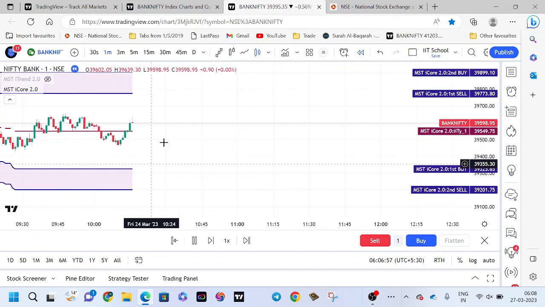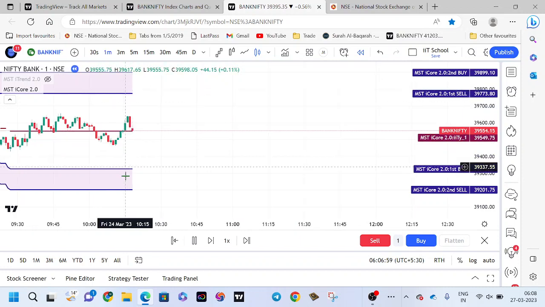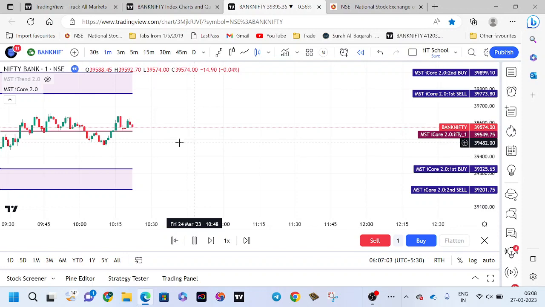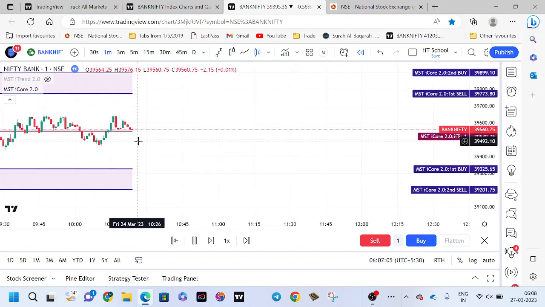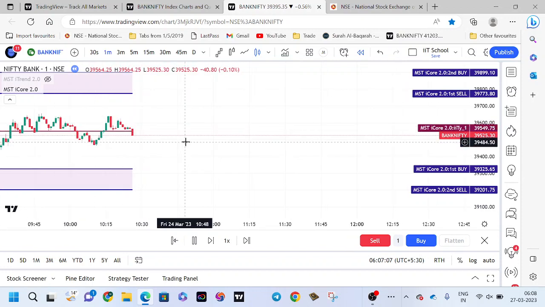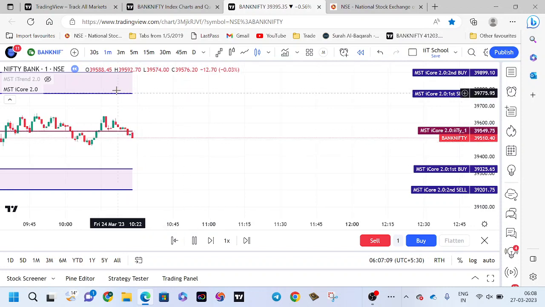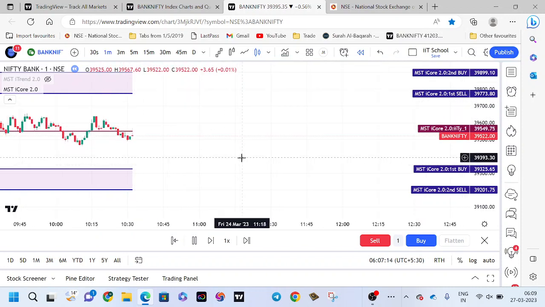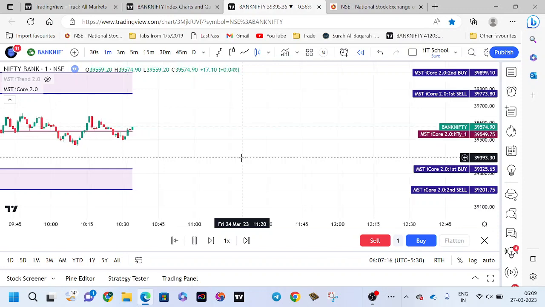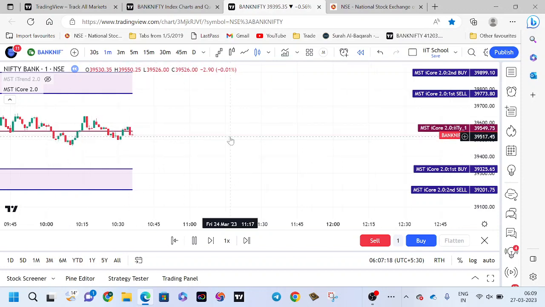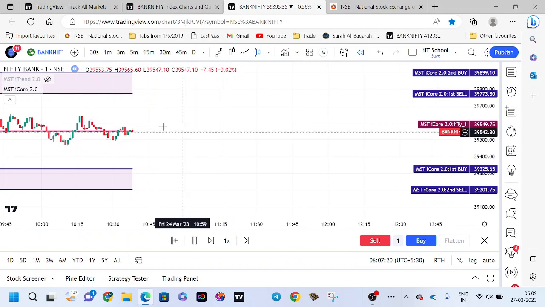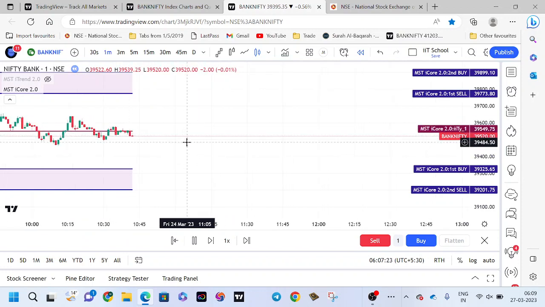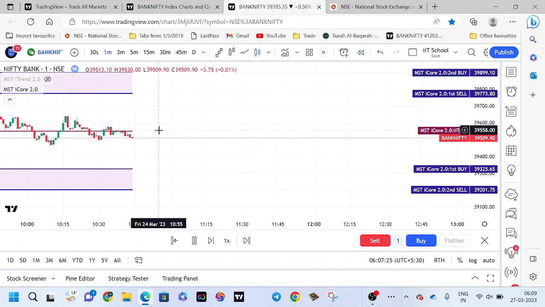So wherever the market is going, either to the upper level or the lower level, you take the midpoint as the strike price. Why are we taking the midpoint? We will be getting the premium at a very low price. When the market has strong momentum, we will get a huge profit. That is the advantage of choosing the midpoint as the strike price. Otherwise you can choose ATM or ITM also, depending on your capital.